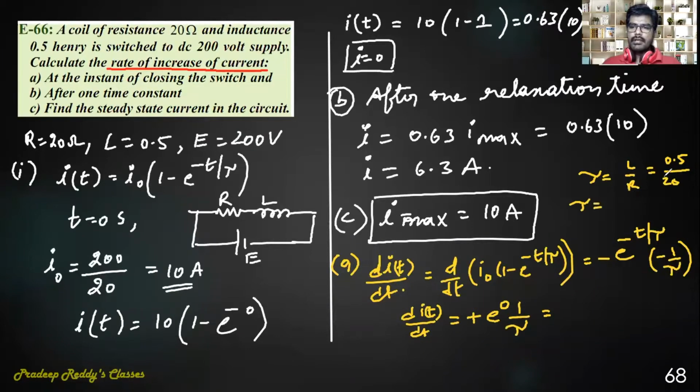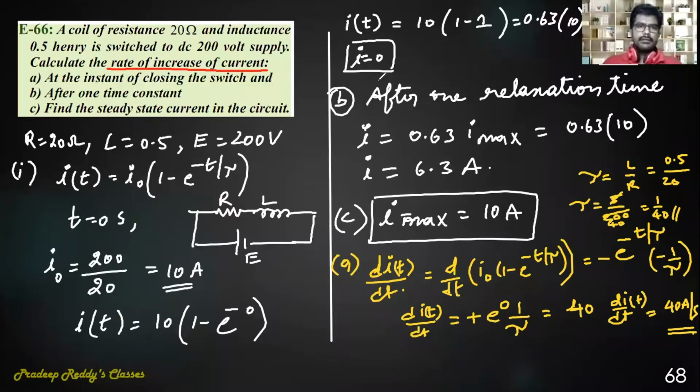So tau is equal to 5 divided by 200, which is equal to 1 by 40. So 1 by tau will become 40. Therefore di by dt, just when the switch is being closed, is 40 ampere per second. Right? This is di by dt.